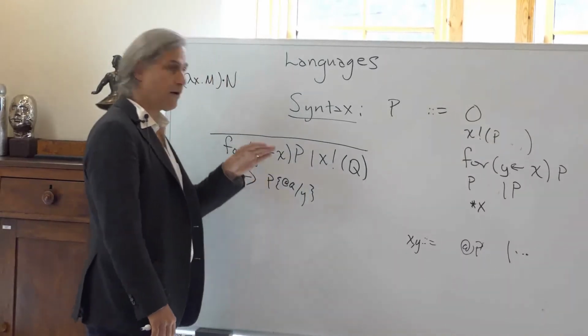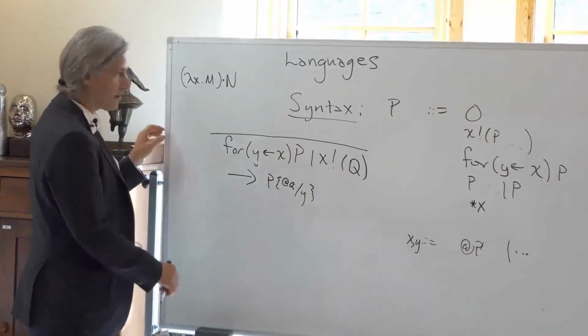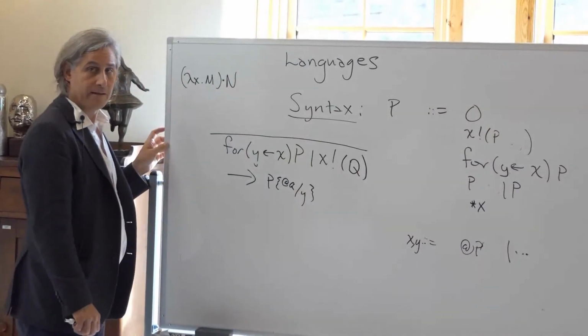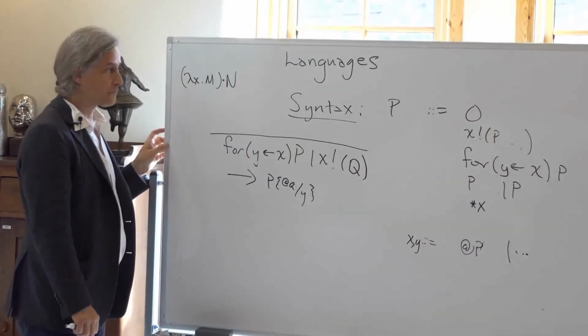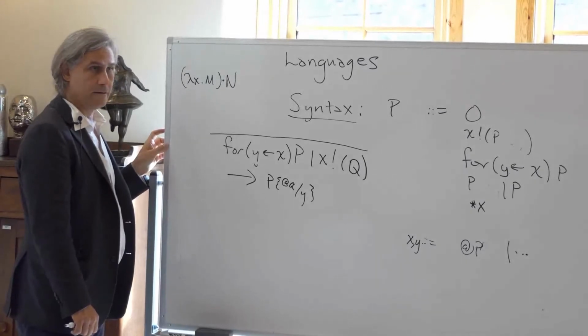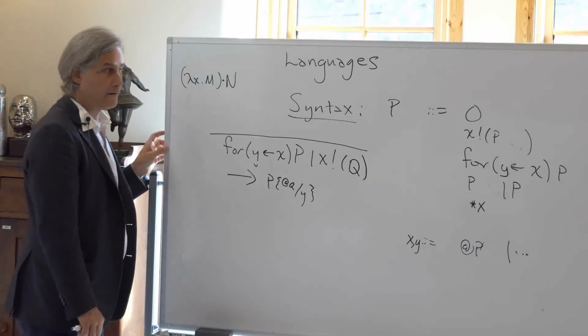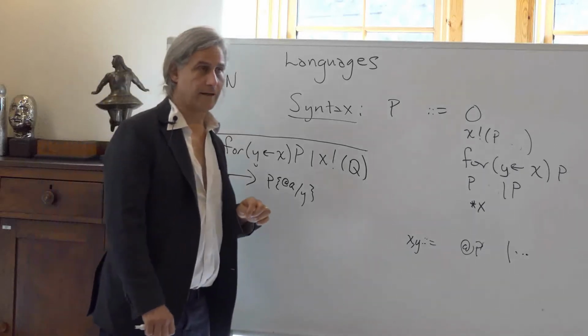Just to make it explicit, the question is, if P par Q reduces all by itself, is it also the case that for y from x, P par Q also reduces, or that x bang P par Q reduces? That's the question he's addressing here.